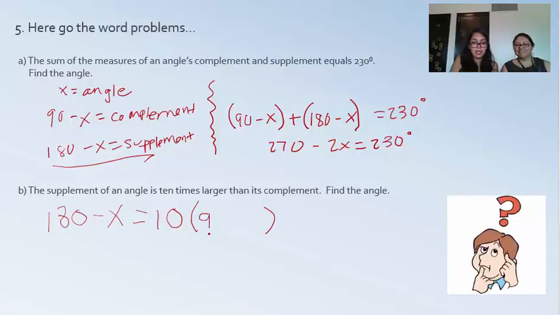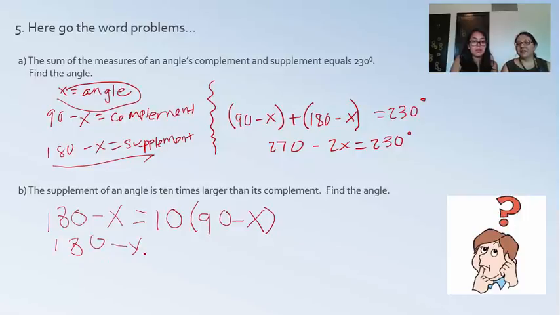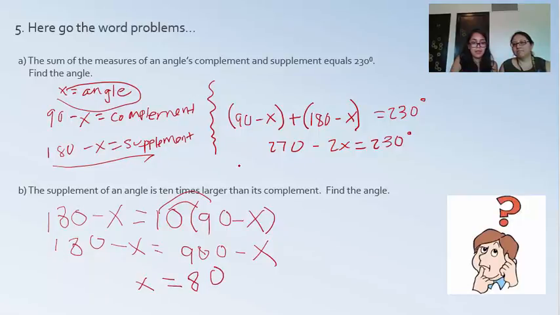So it's going to be 90 minus x. And then once you distribute and combine like terms, you should solve for the angle. From there, you can start doing it on your own. And just to double check, we got x equals 80 for the first problem. And for this problem, you can check your work: x equals 20.